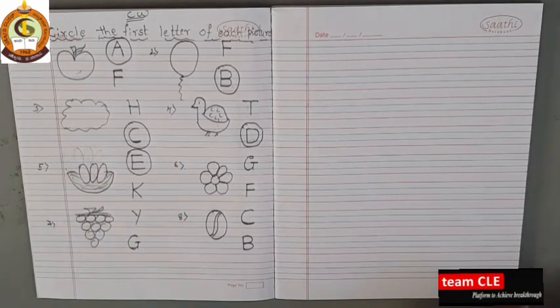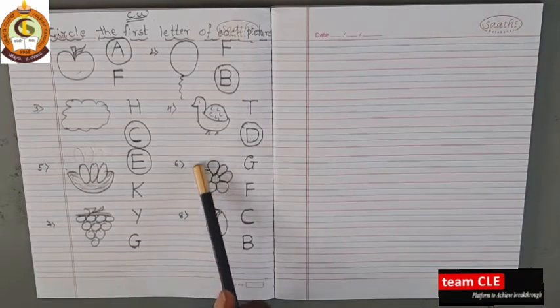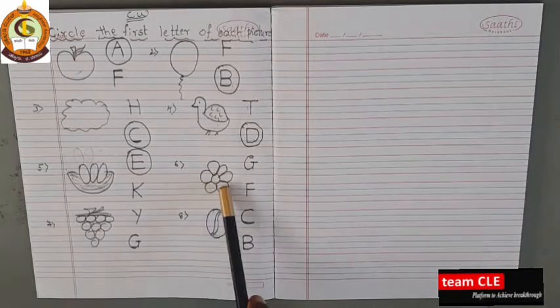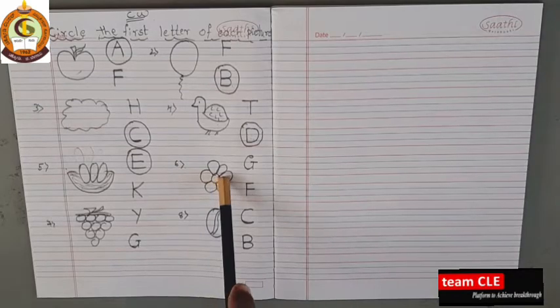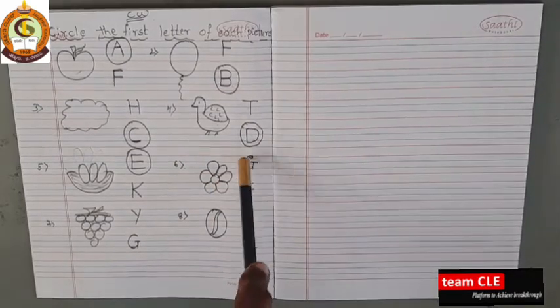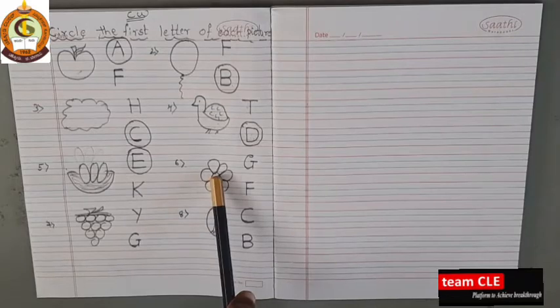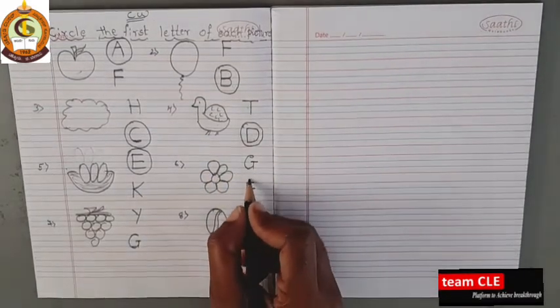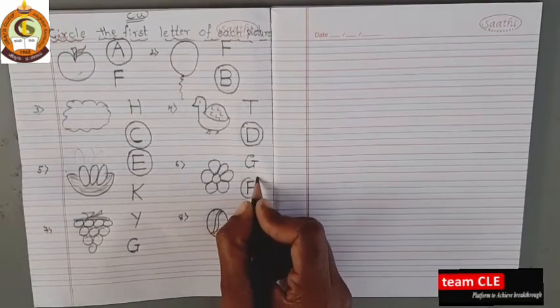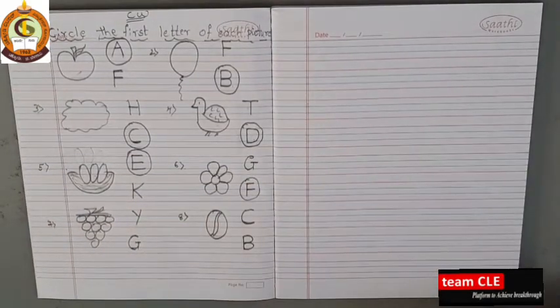Next picture is flower. The flower picture's first letter is G or F? F. So circle the F letter. F for flower.